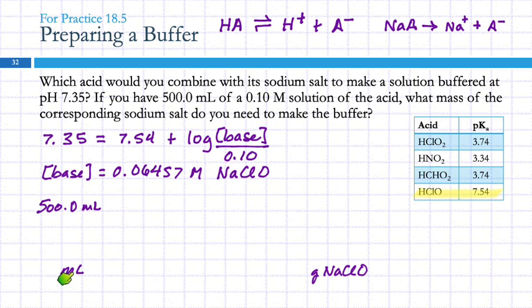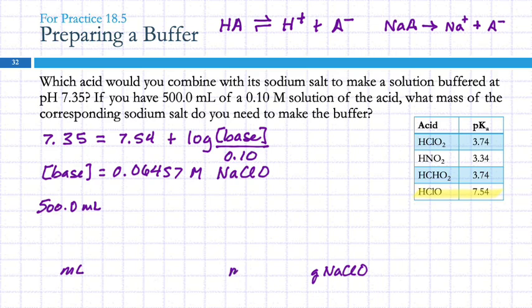Sometimes we can just start at the beginning and go to the end. Other times we may need to start at the end and work backwards until we meet up somewhere in the middle. So here's grams, and I've got molarity. I'm going to need to use that in there somewhere, right? That's moles per liter. So I'm going to need moles in there, right? If I had moles, could I convert that to grams? Yeah, I could do that.